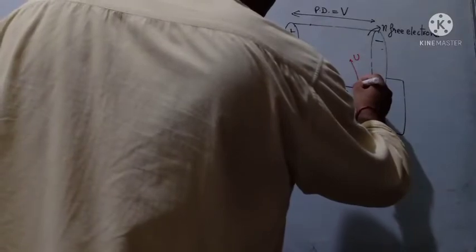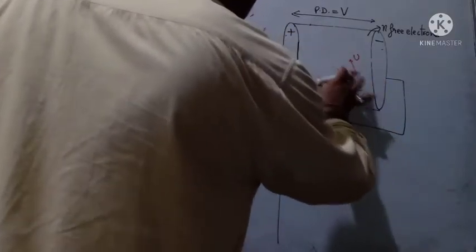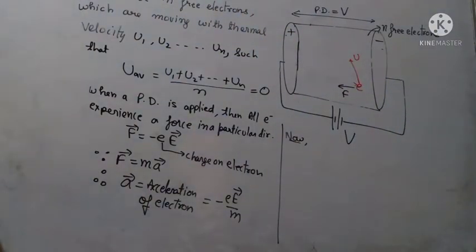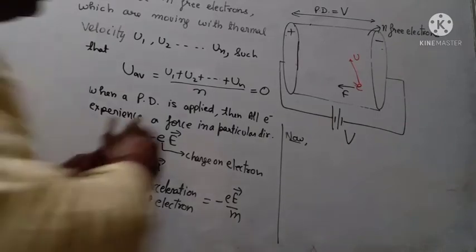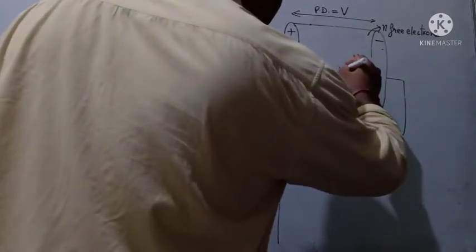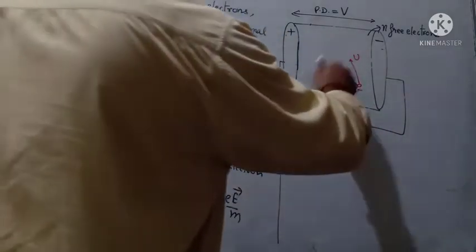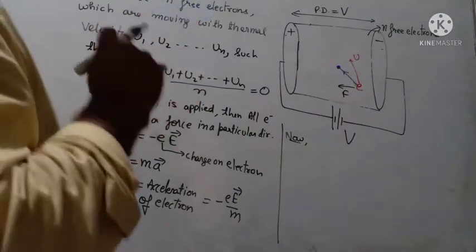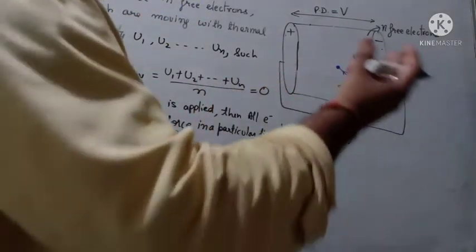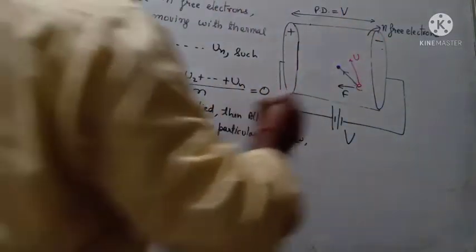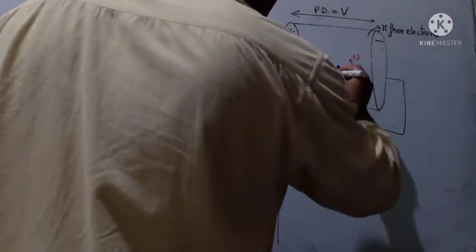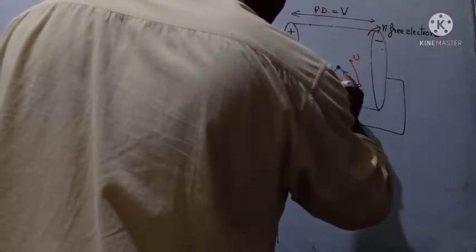So surely it will move on this path. In the way, it will suffer collision with immobile ions or atoms. Atom और ion से collision suffer करेगा, due to which its path changes.